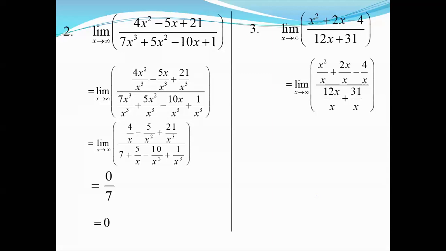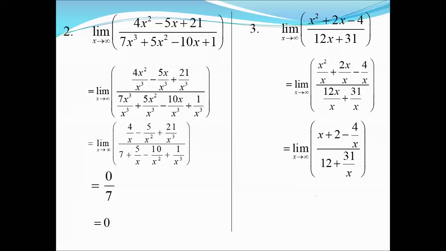That is again divided by x. Now here we see x, limit extends to infinity. Whenever we divide by x, we get x plus 2 minus 4 by x upon 12 plus 31 by x.